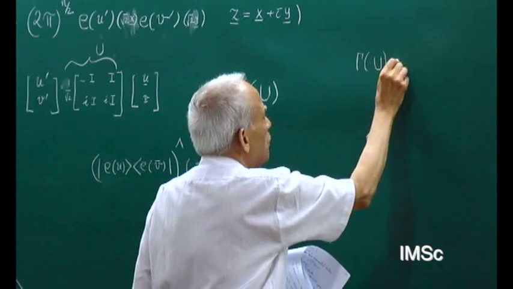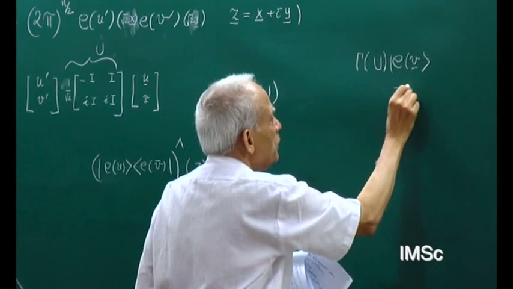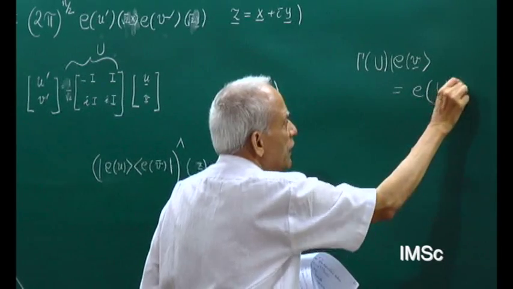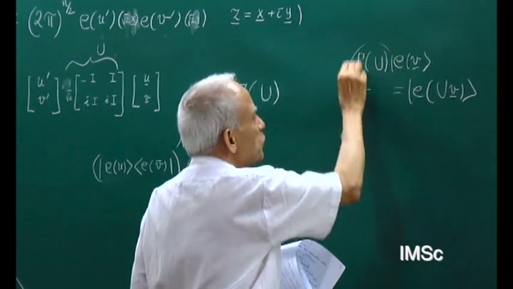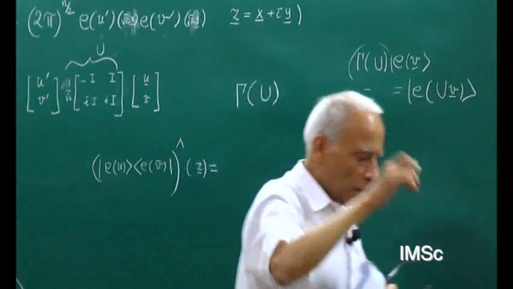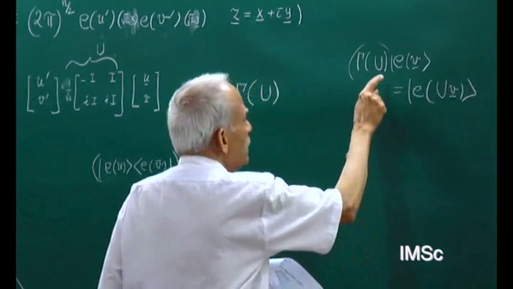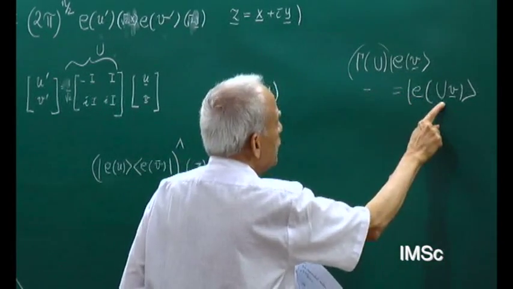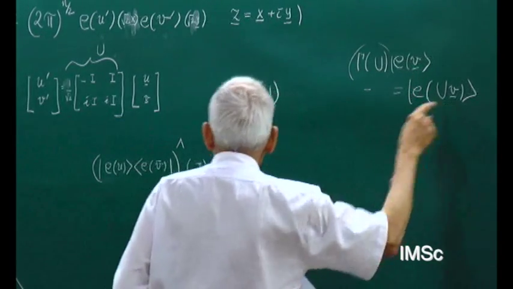Gamma u applied to E(v) is nothing but E of u, the unitary, applied to v. This gamma u is unitary. That is called the second quantization operator. Simply, E of something becomes exponential of u applied to the entry there.